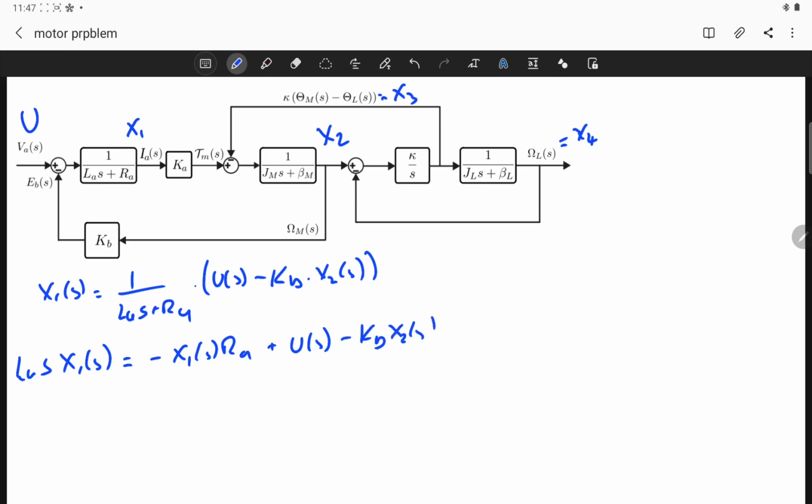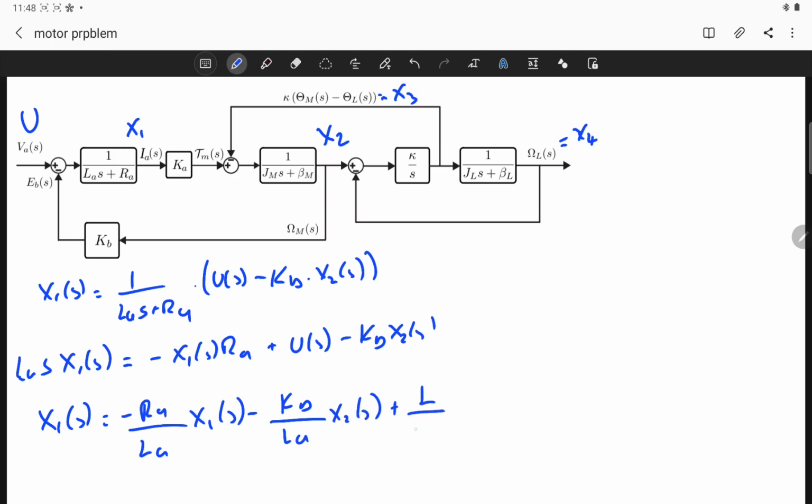Okay, so let's divide it by LA on both sides. s times x1 of s is equal to minus RA divided by LA x1 of s minus KB divided by LA x2 of s plus 1 over LA U of s. We have s here, that's great.